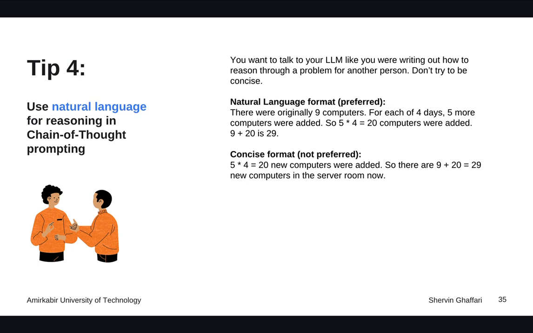Although concise format is really useful if you want to reduce cost, for example, because chain of thought reasoning uses multiple intermediate reasoning steps, which produce extra tokens and lead to more latency and computational cost. But natural language format is more favorable to most humans.